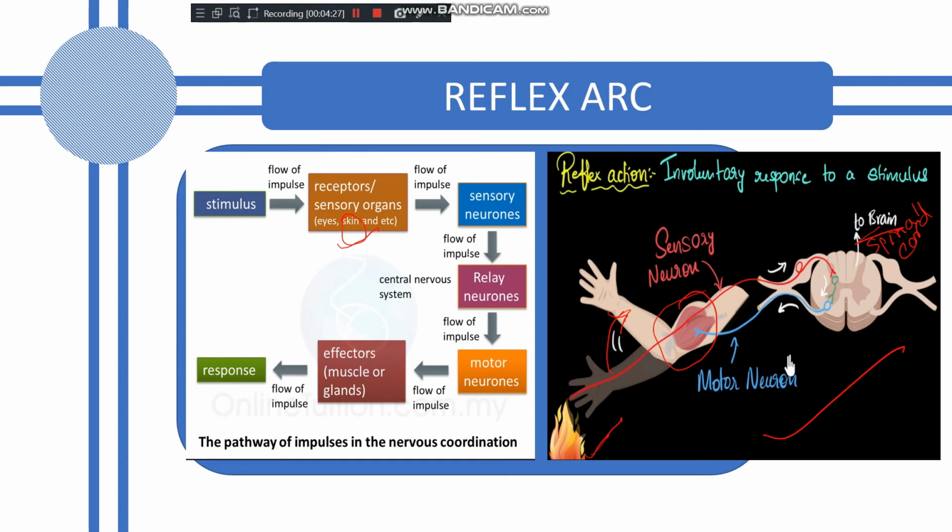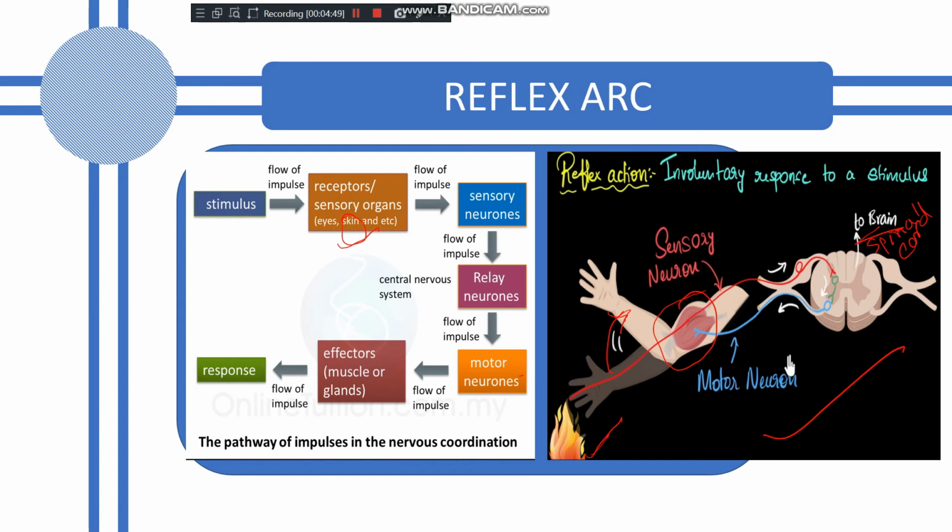As I explained, the relay neuron is present in the central nervous system, and here the response to the stimulus took place, and that impulse is carried by the motor neurons. It carries to the effector, that can be a muscle or a gland. In this situation the effector is a muscle.